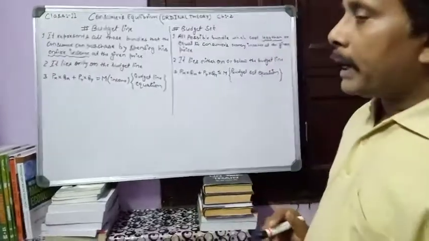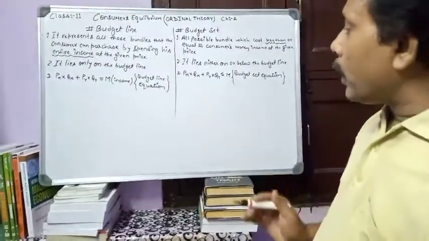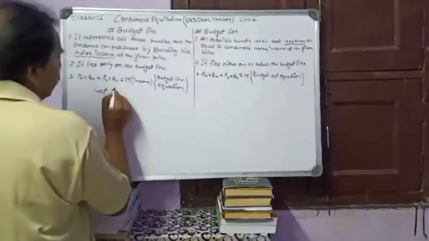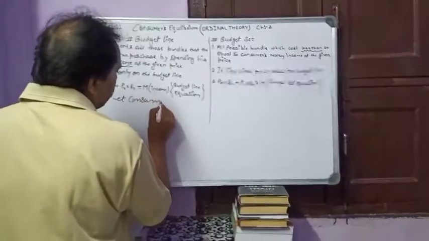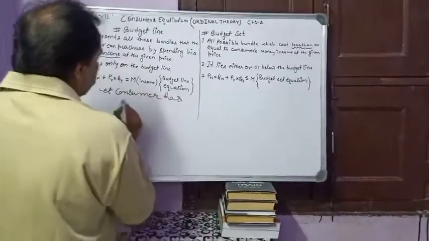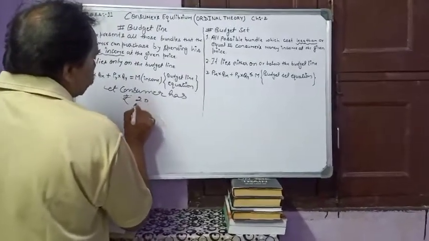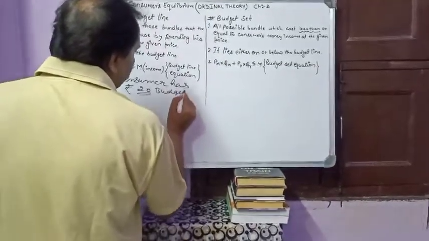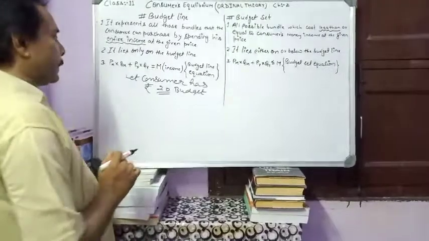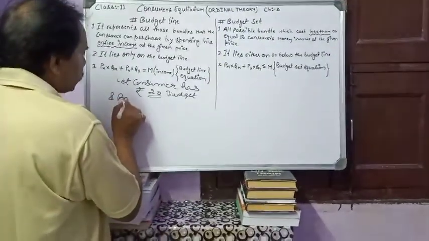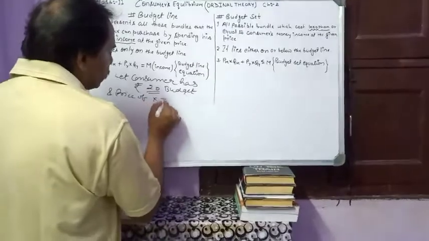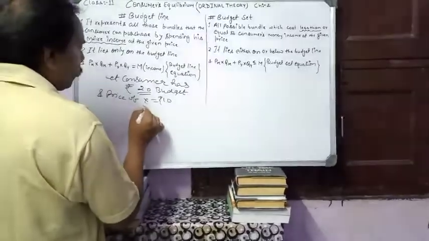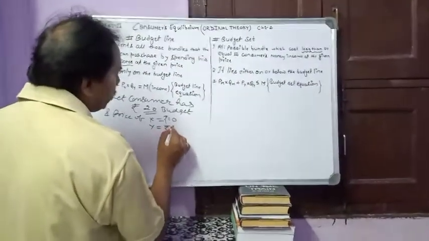Here we can explain with the help of one example. Let a consumer have rupees 20. So this is the budget of the consumer. And the price of X is rupees 10, and the price of Y is also rupees 10.